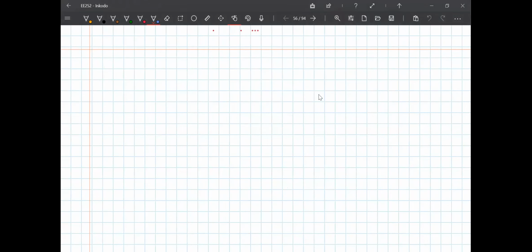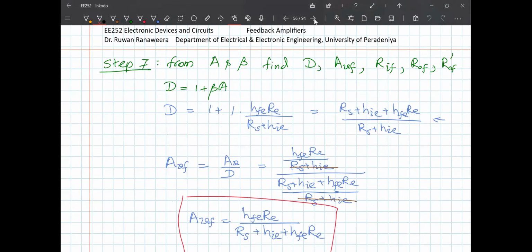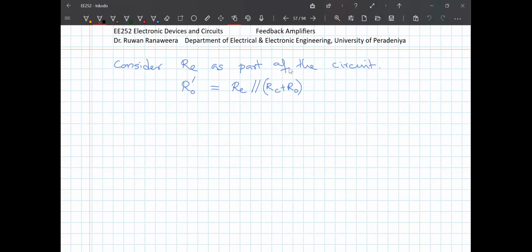So I'm looking at it here, that will be this in parallel with this plus this. Therefore, that's basically going to be your output impedance without feedback.